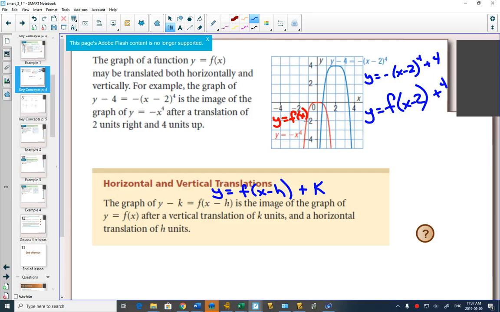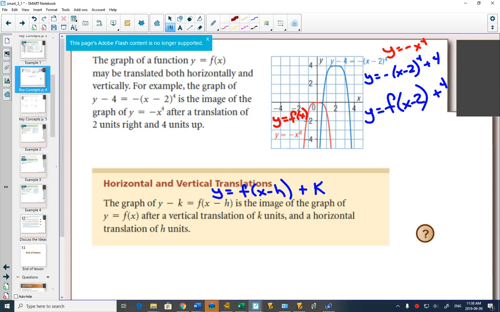If we think about the function notation, that can also help us write the actual equation if we know what the actual equation was. So we knew that the original red equation was negative x to the 4. If instead of an x inside our function, we have an x minus 2, can you see in the blue equation that instead of having negative x to the 4, we have negative bracket x minus 2 to the 4.